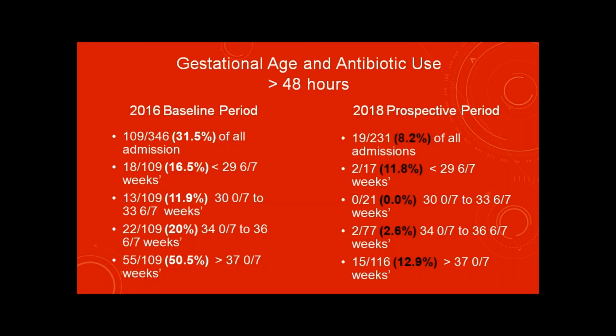And when we compare the gestational age and antibiotic use greater than 48 hours, you can see by gestational age, we've dropped pretty significantly overall, and through the different gestational age brackets that I have.